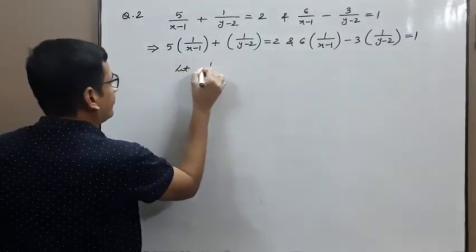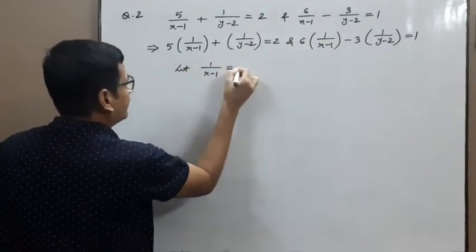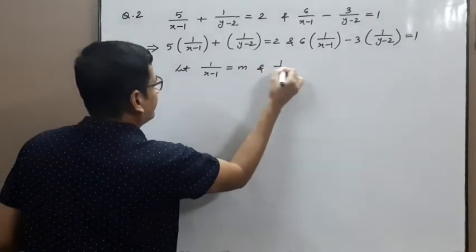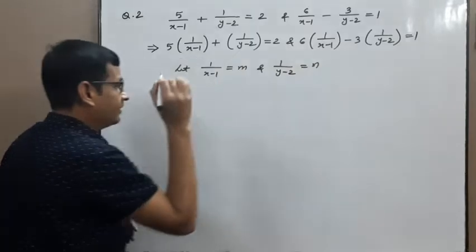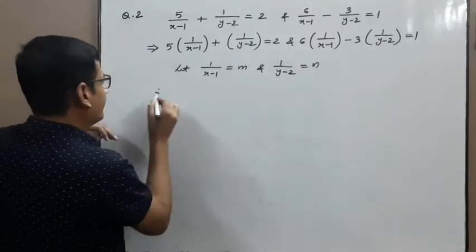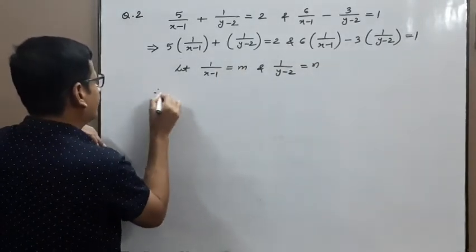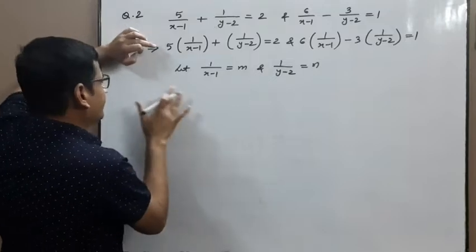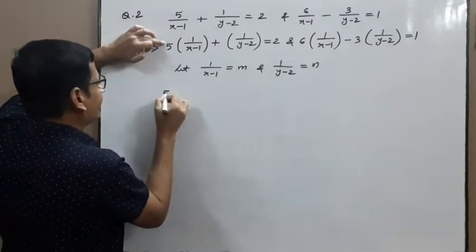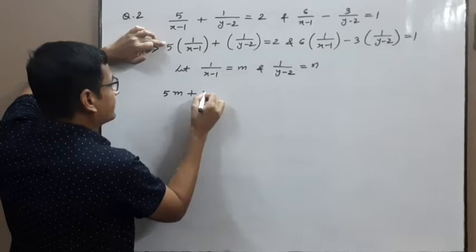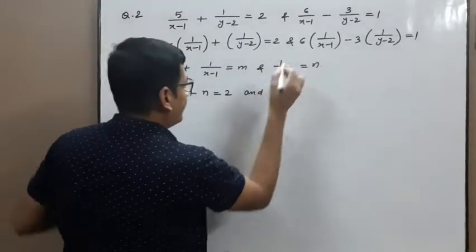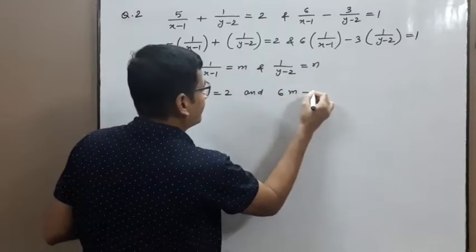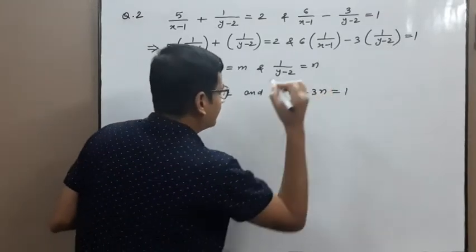Let 1 upon x minus 1 equal to m and 1 upon y minus 2 equal to n. Then the first equation is 5m plus n equal to 2 and the second equation is 6m minus 3n equal to 1.